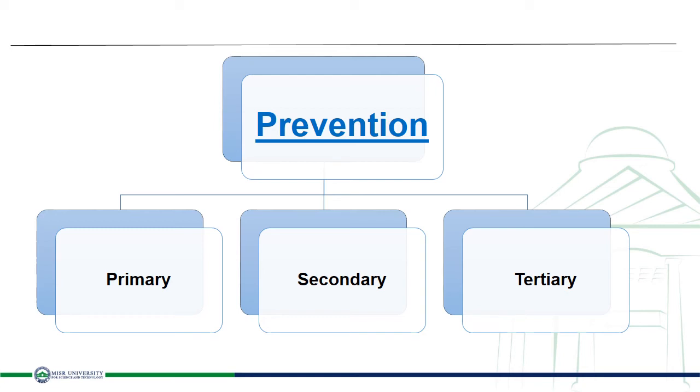But if we fail to prevent those people from developing the psychological disorder, we have the second level of health care, which is referred to as secondary prevention.